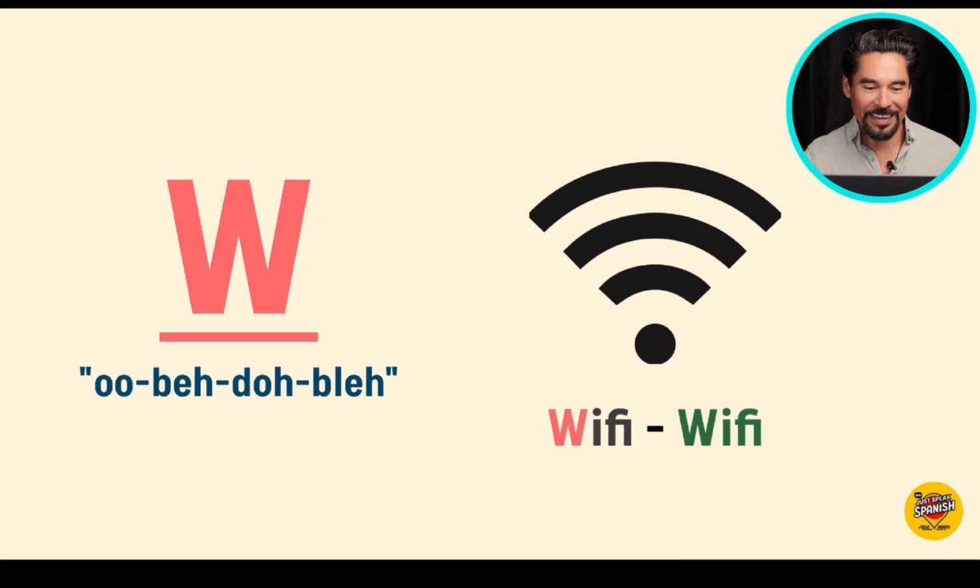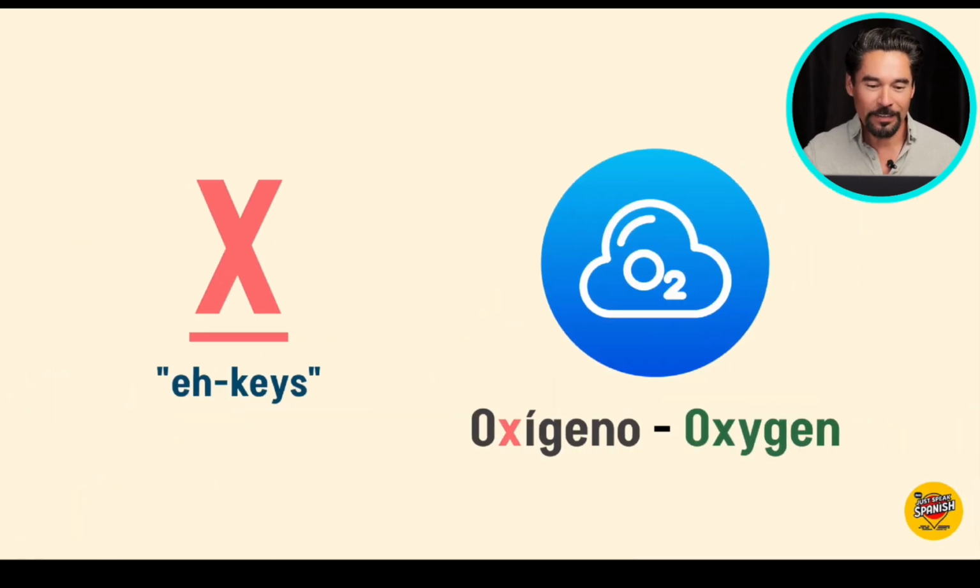Fantastic. We're almost there. Now we have the W, and this is not a native letter to Spanish. We call it doble V, which means double V. And here you find words like Wi-Fi, but it's not very common in Spanish, so don't worry, you will not see a lot of words with the W, but it's pronounced V. Okay, next we have X, and in Spanish it's equis.